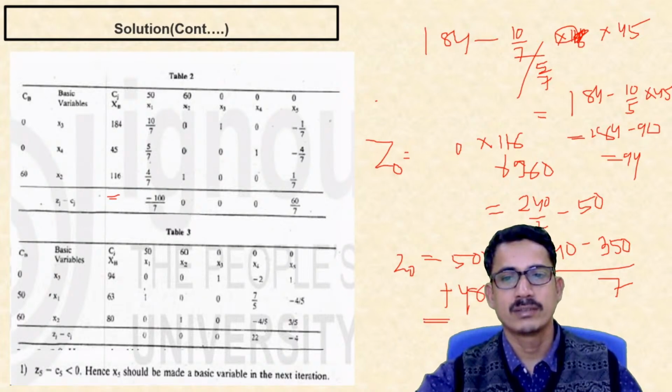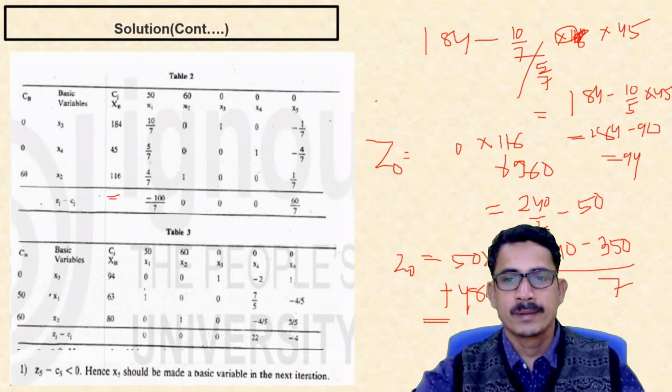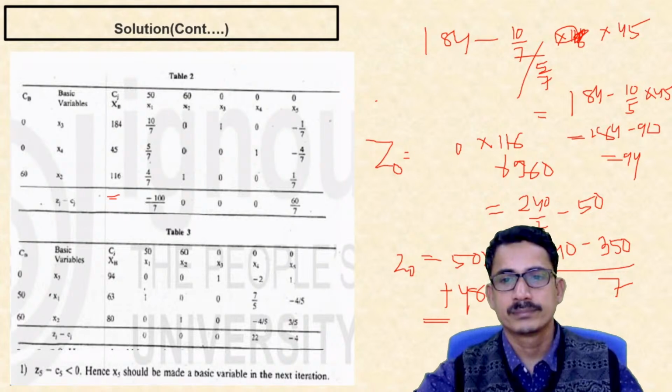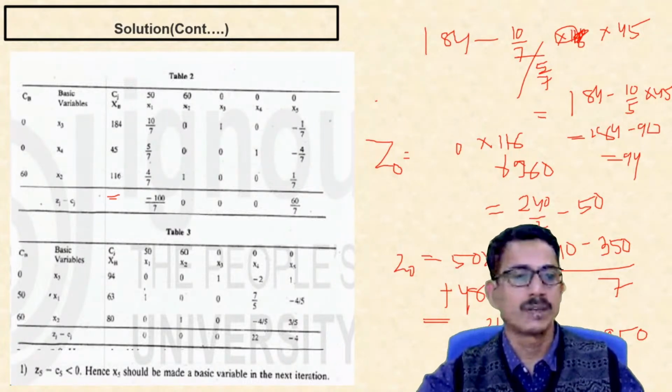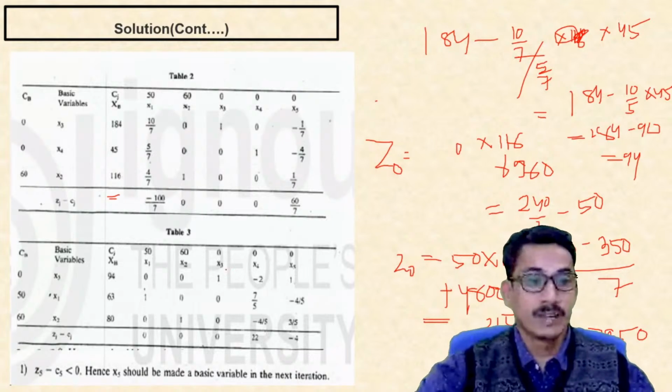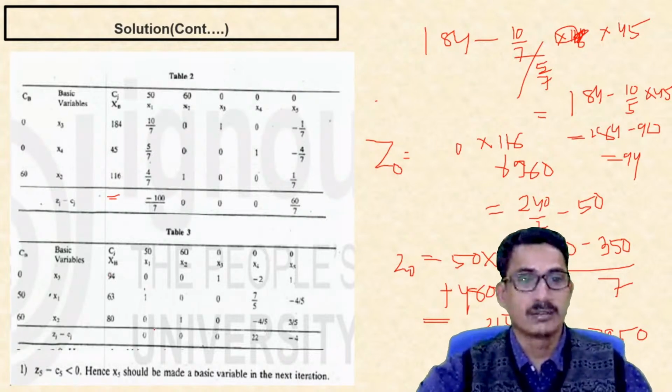So the value is 3150 plus 4800. So the value comes 7950. We'll see that. Now ZJ minus CJ, let us see whether it is positive or not.